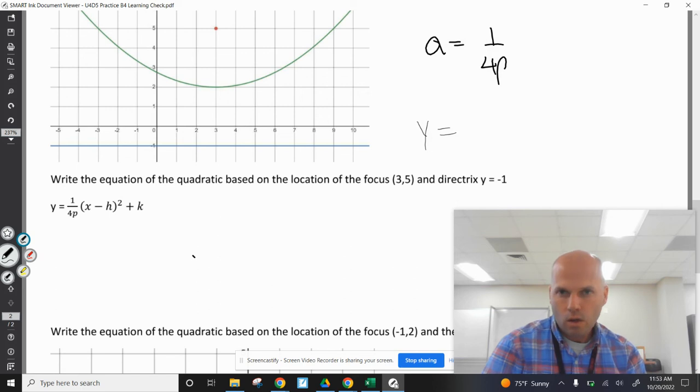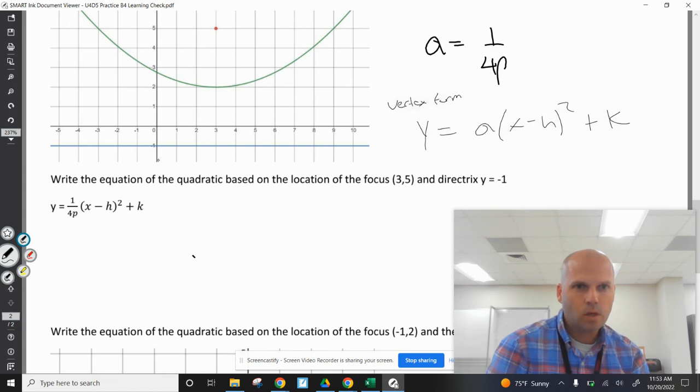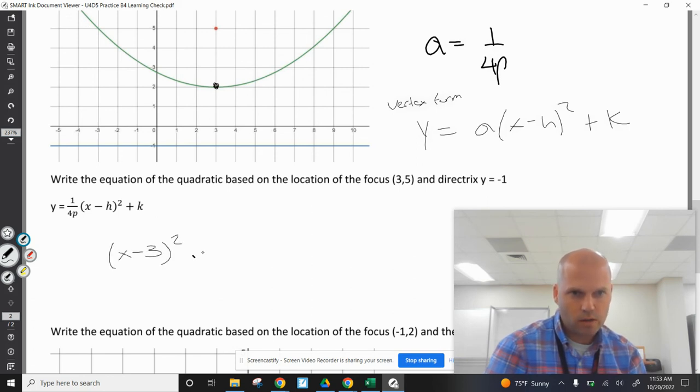We know we have vertex form, which is a(x minus h) squared plus k. Well, I can see where my vertex is. It's at (3, 2). So I have (x minus 3) squared plus 2. Vertex (3, 2) is h and k. Easy.